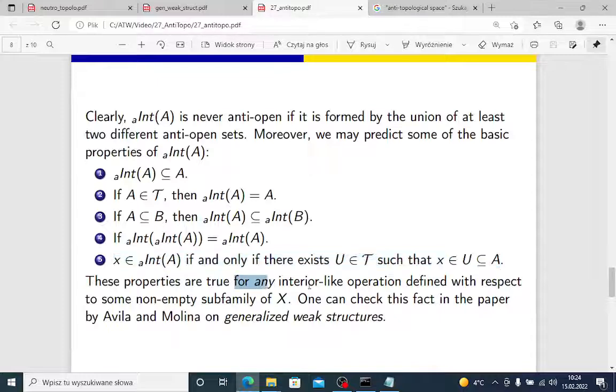Because they are true for any interior-like operation, meaning defined as the union of open or minimal open or generalized open or anti-open sets, for any interior-like operation defined with respect to some non-empty subfamily of X. And one can check this fact in the paper by Avila and Molina on generalized weak structures.